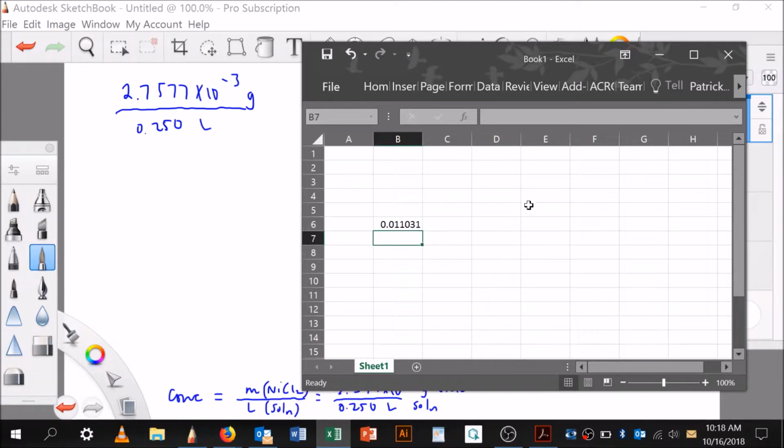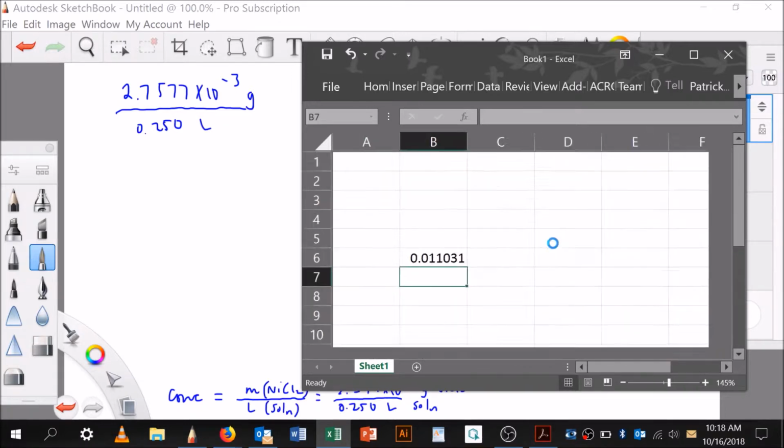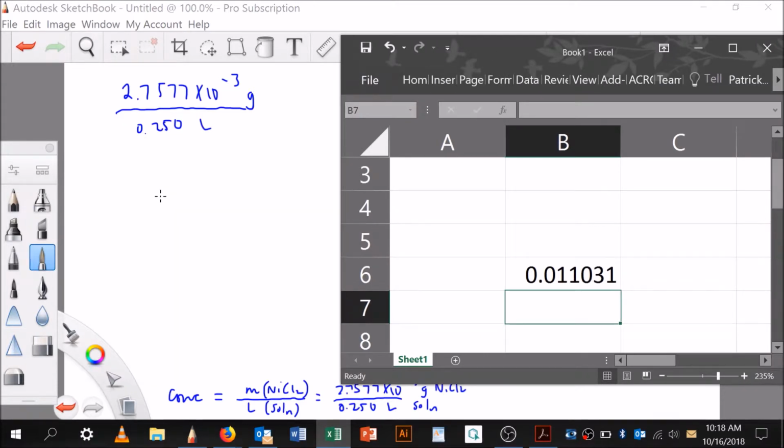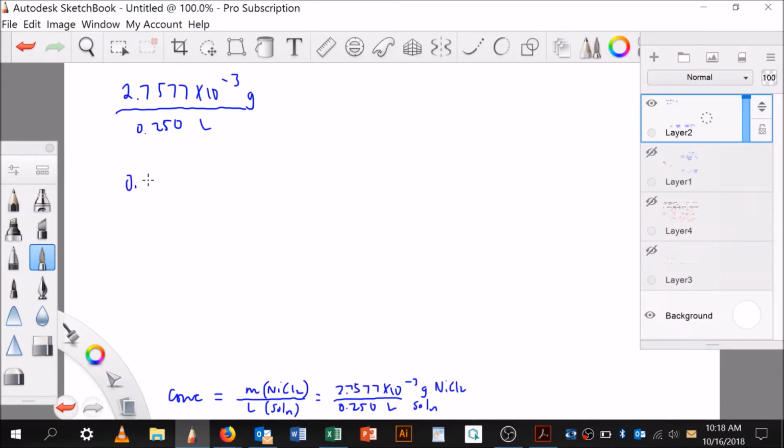Can you see that from where you're sitting? Is that too big on the screen? Too small? And that's grams per liter, right?